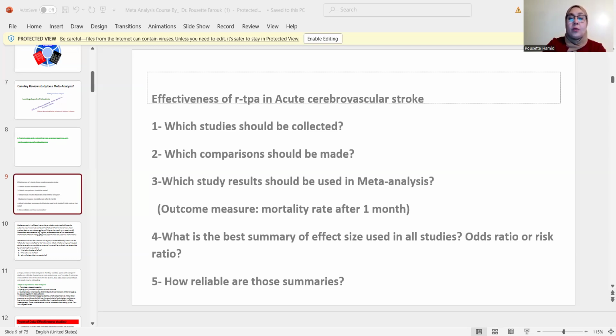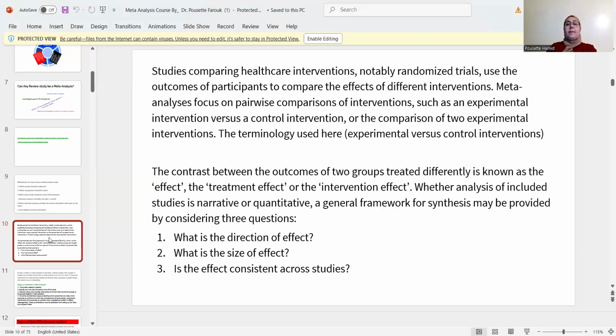How reliable are those summaries? Studies comparing healthcare interventions, notably randomized trials, use the outcome of participants to compare the effect of different interventions. So I'm comparing now the effect of 2 interventions. The meta-analysis focuses on a pairwise comparison of interventions, such as an experimental intervention versus a control intervention.